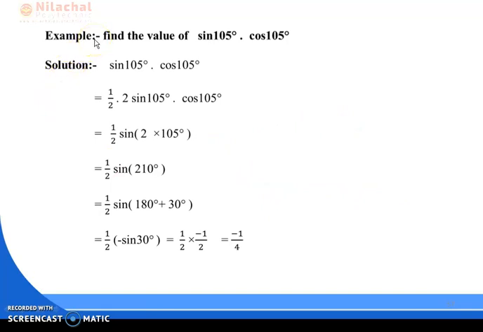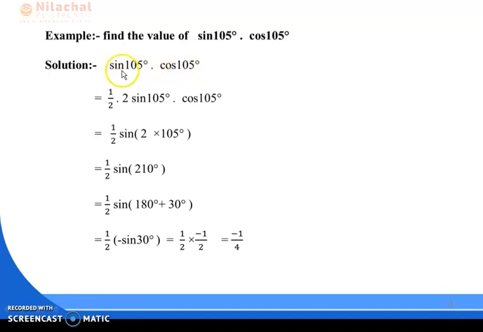Okay, let's see. For example, find the value of sin 105 degree into cos 105 degree. So let's see how to find out the answer. Here sin A, let it be 105 degree, A, and cos 105 degree, A. So sin A into cos A here.